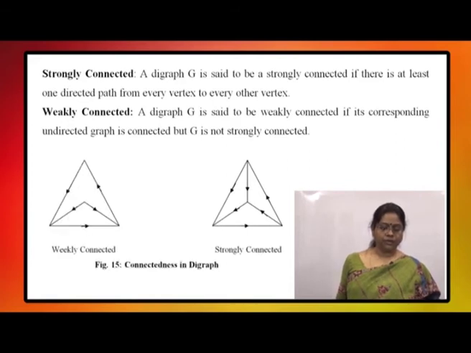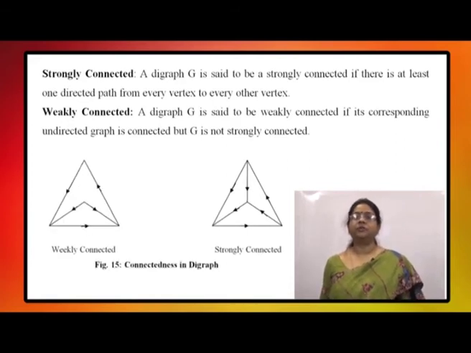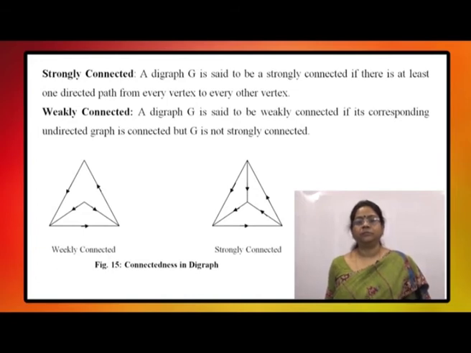First, strong connectedness is obtained from directed paths, and weakly connected is defined from semi-paths. So, a strongly connected digraph is a digraph where there is at least one directed path from every vertex to every other vertex.